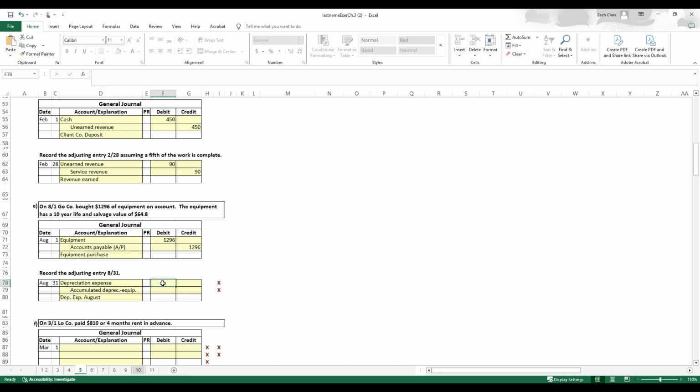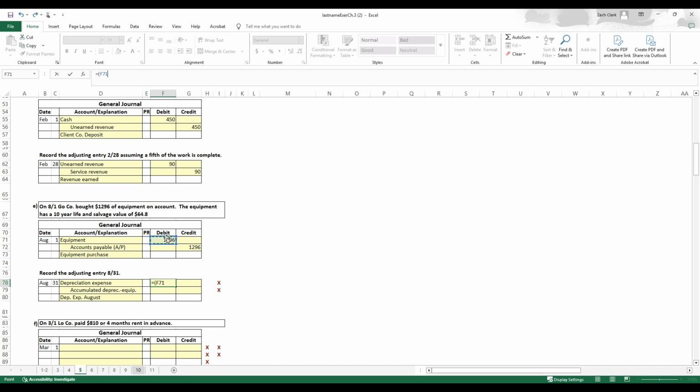Okay, so the formula we're going to use, and remember for depreciation, is basically just taking the historical cost divided by the life, and we just want 1 month's worth, so we're going to divide by the life in months. We don't want years. We could divide by 10 if it was years to give us a whole annual, but we just want the 1 month, so we need to divide by 120 months, which is the same thing as 10 years, right?